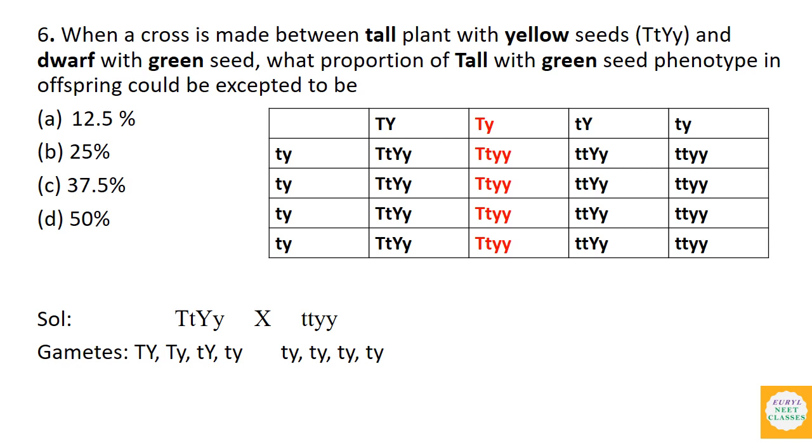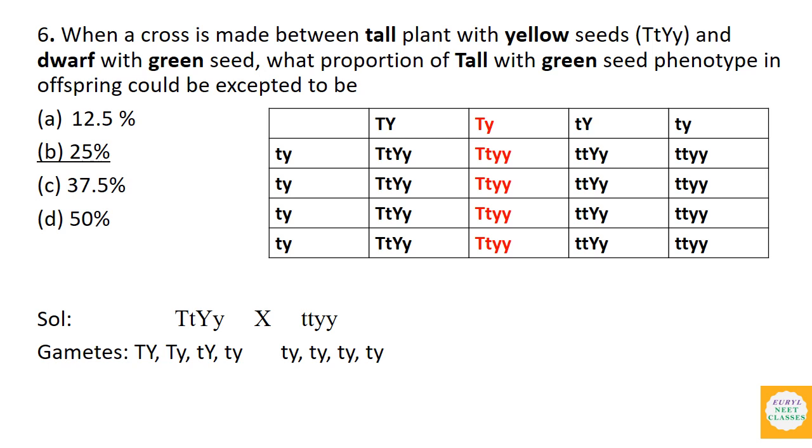So how many individuals are there? 4 individuals out of how many? 16. So it is equal to nothing but, ma? 1 by 4. 1 by 4 is nothing but 25%. Got it, ma? So 25, 25, 50, 50 plus 25, 75 plus 25, 100. So out of 100 percent, 25% is nothing but 4 individuals that are tall and green.